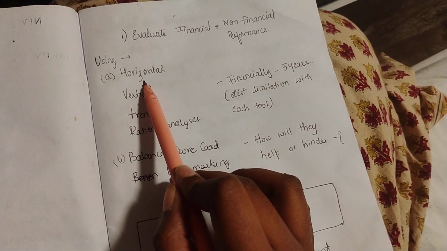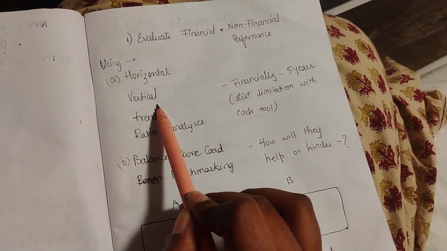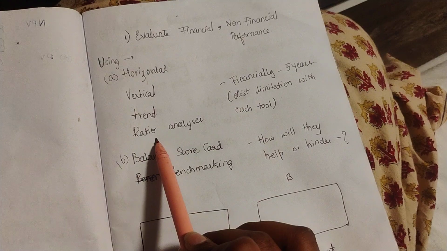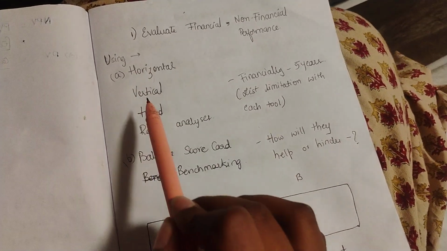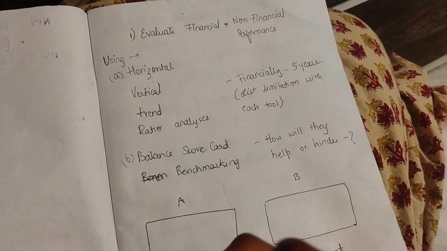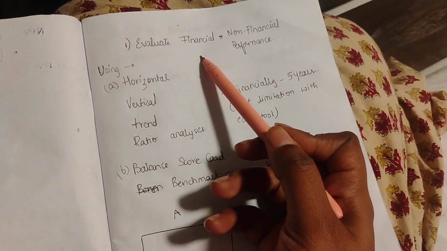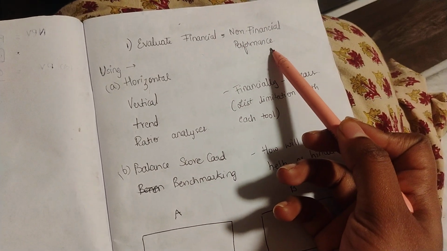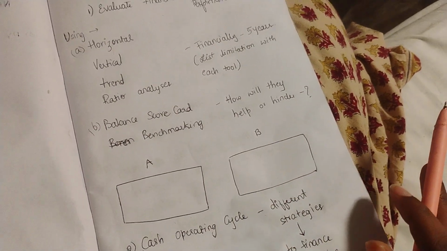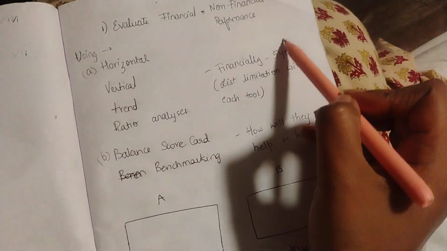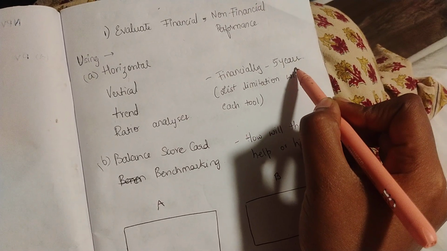These four are the basic tools when you are looking to analyze financial and non-financial performance between those two companies. Generally, when you're writing a business report, it's considered to be the previous 5 years. Say it is 2026, so from 2021, how is the company performing?